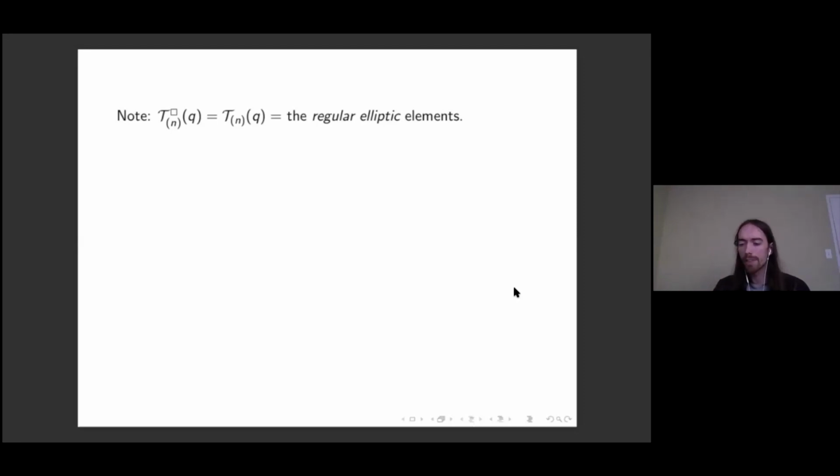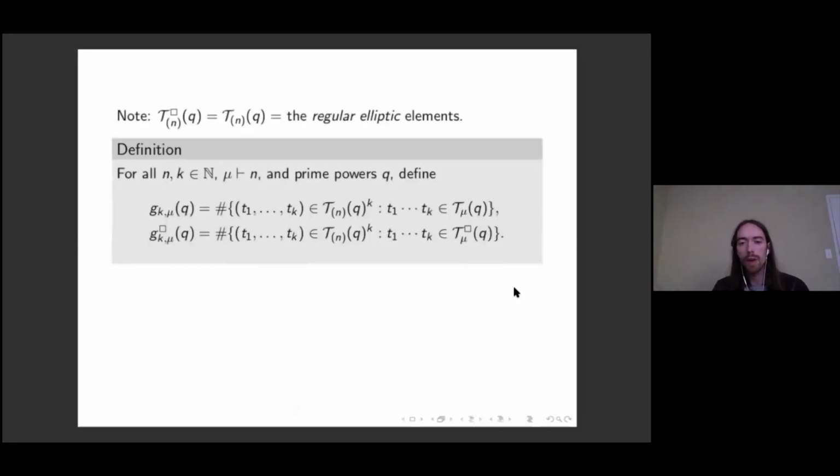And so now I can define the Q analog of those factorization enumerations that I said were my main inspiration. So now I've just tried to swap out the n cycles of the symmetric group with the n cycles of GLN of Q, and the cycle type mu permutations with cycle type mu matrices.